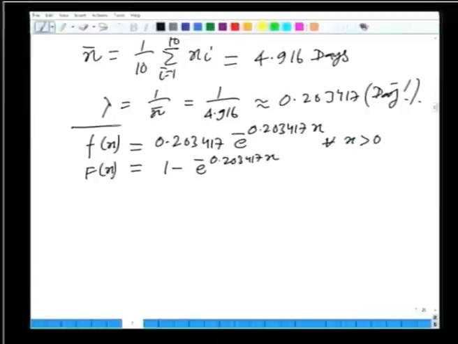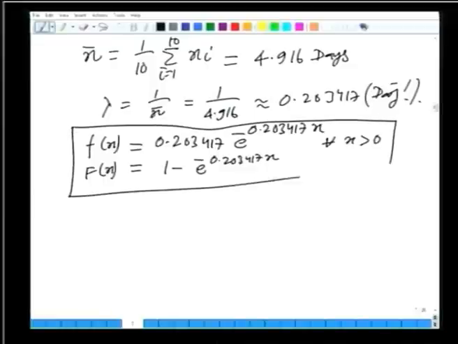So, this is your answer to the first part, which is the fitted distribution. You fit an exponential PDF. That is what we have done. This is the fitted distribution to the data.